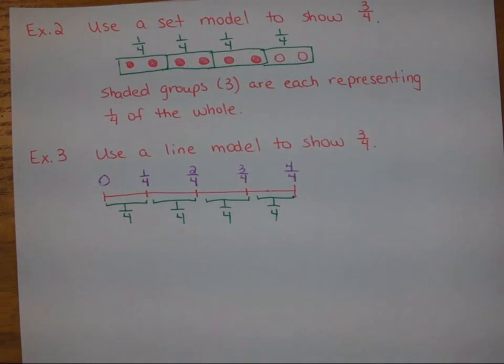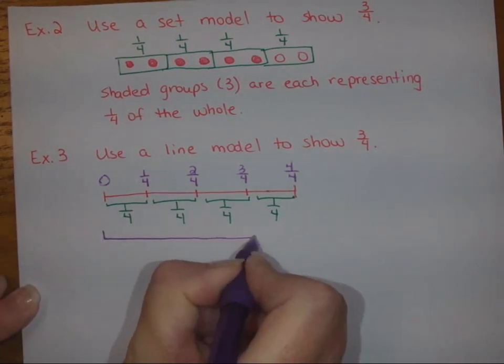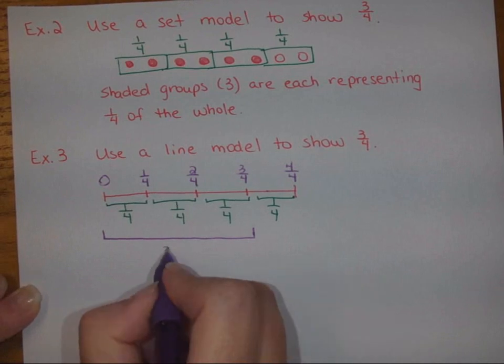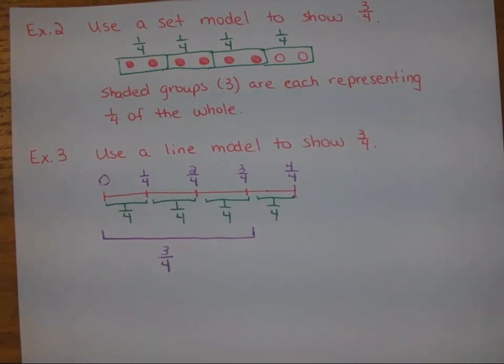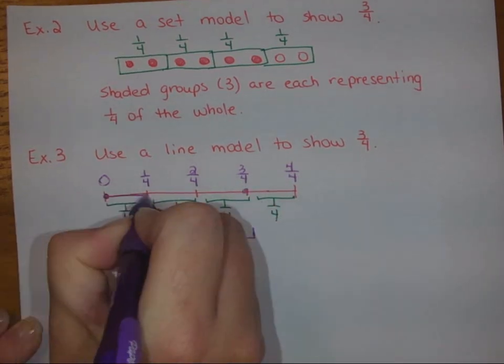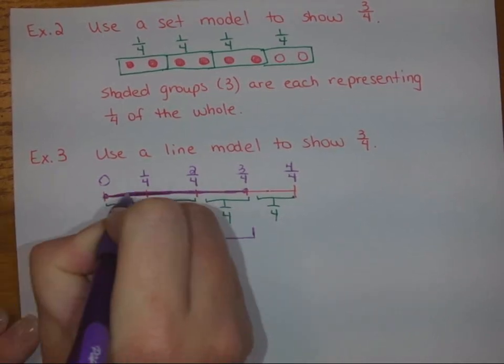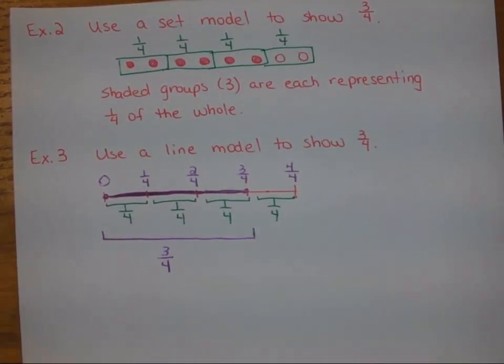But what I wrote there in purple would probably be a little more advanced topic. So if I want to talk about a length of 3/4, notice I'm using this bracket to indicate that I'm not talking about a location. I'm talking about like a section of that line. Okay, so from 0 to this spot in the line represents 3/4 of the line.